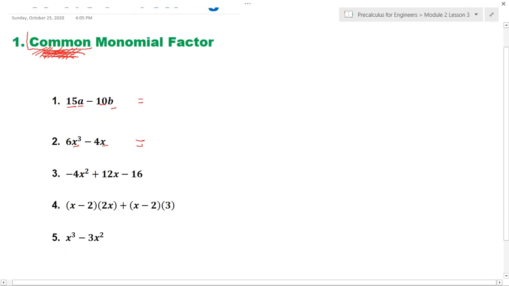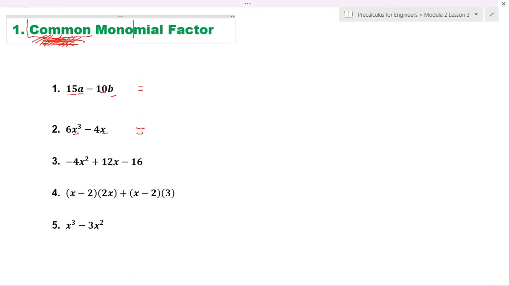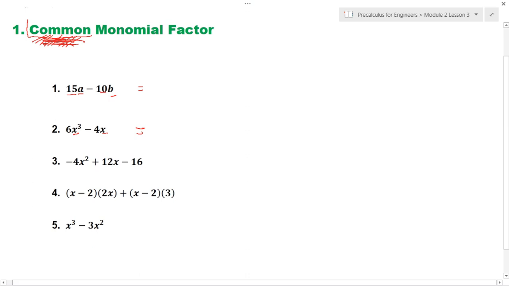We have example number 4. We have x minus 2 times 2x plus x minus 2 times 3. We have two terms, this and this. This is an example of factor by grouping. As you've noticed, it's obvious that in both terms, we have a common factor of x minus 2.